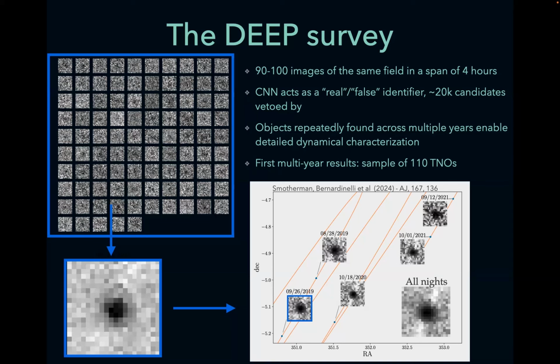And because we have several years of data, we can then do this process and link objects, and then we actually have an orbit and do dynamics and all sorts of interesting things. Our first multi-year sample has 110 TNOs in a very small region of the sky, something like 30 square degrees. So we are doing a very good job.